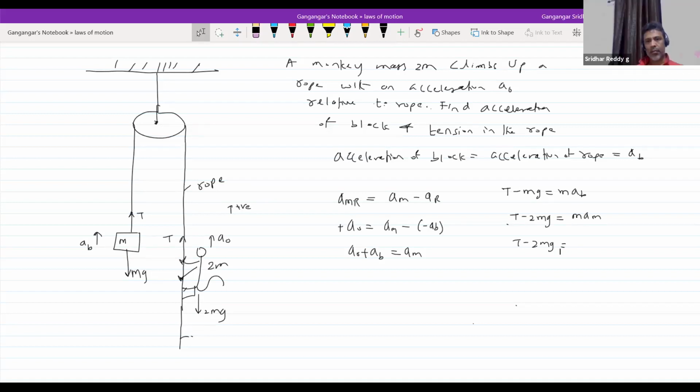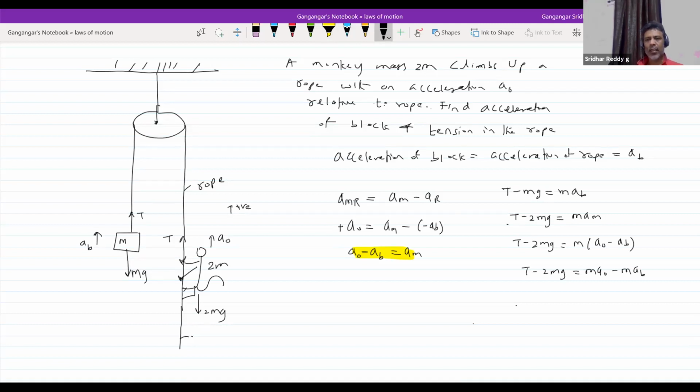Okay, there's a negative sign, it should be. Minus of minus is plus, it will come on this side. Okay, fine. So let me substitute that value here. AM is A naught minus AB. So this will be T minus 2mg equals 2mA naught minus 2mAB.